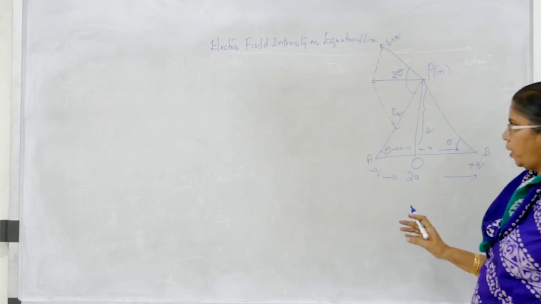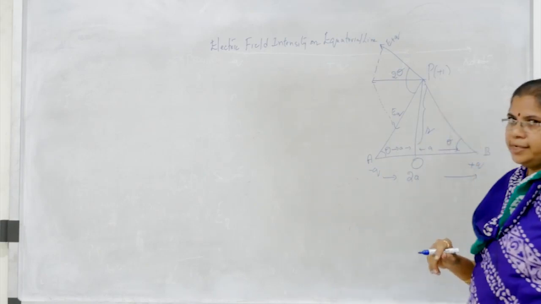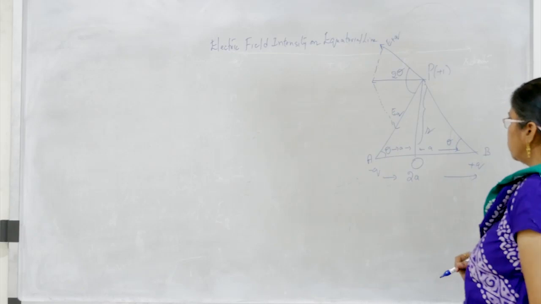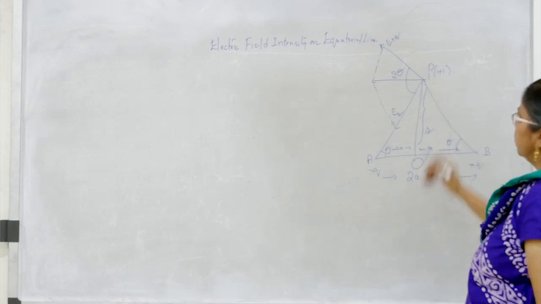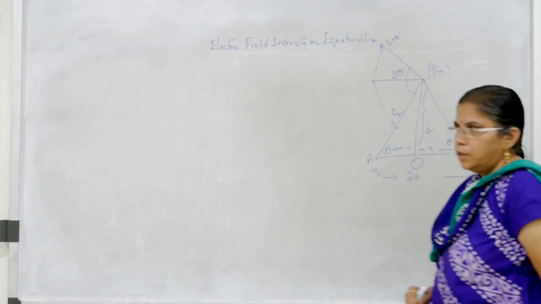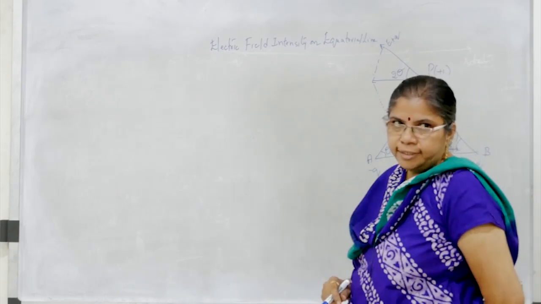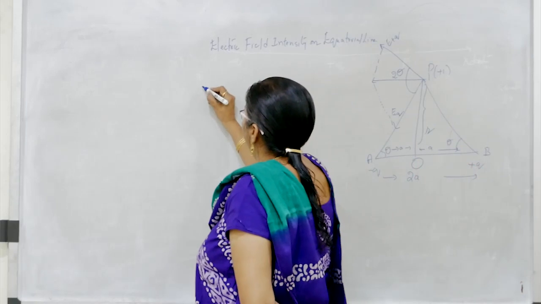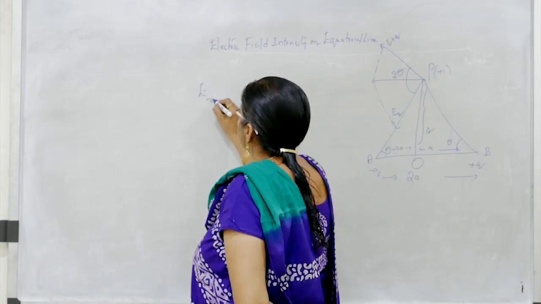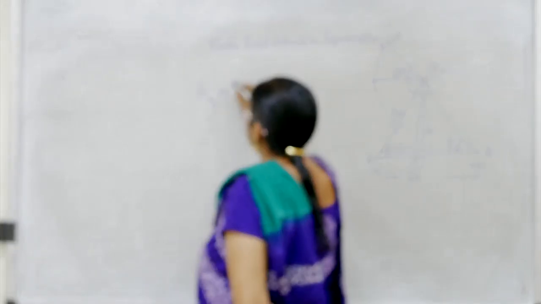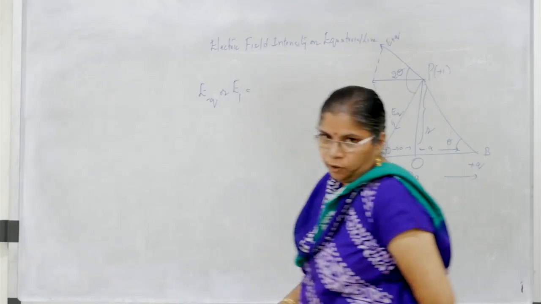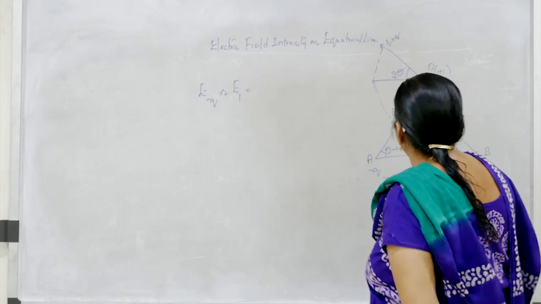So minus q, plus q are the charges, P is the place where a positive charge is placed, and these are the directions of the fields. So first I want to calculate the electric field intensity due to the minus q charge, or E1. You take it as E1. So how do you do this?